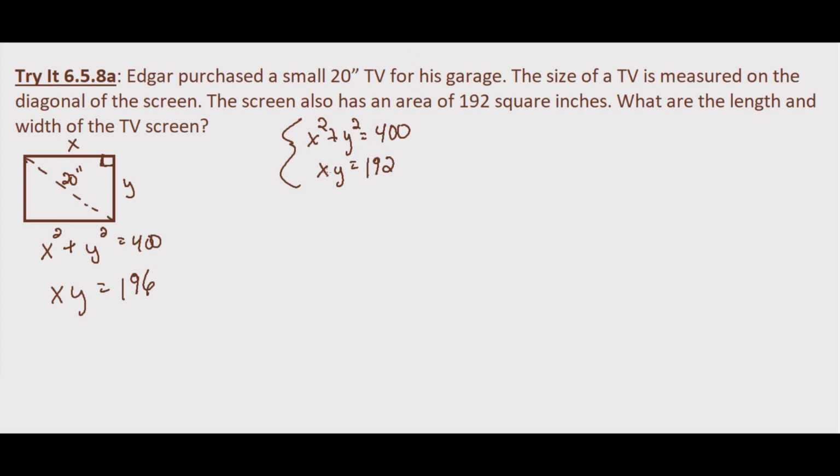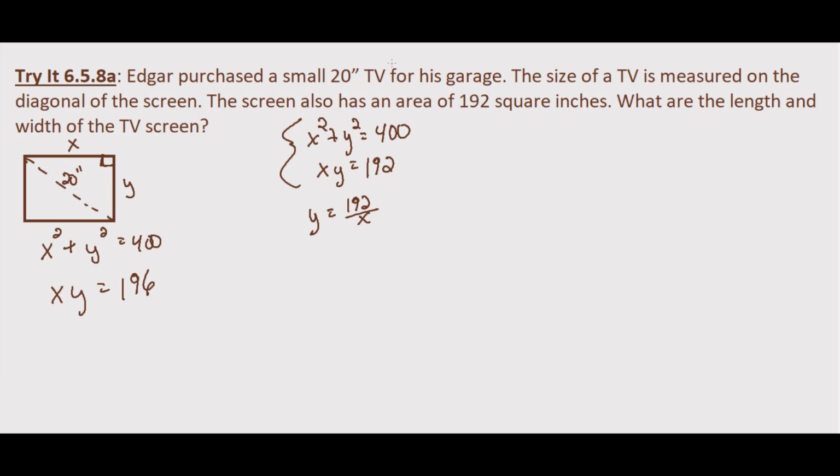So we'll go ahead and use substitution, since x and y are to the first degree in one equation and to the second degree in the other equation. If we solve for y in terms of x with our second equation, we divide both sides by x, we get y equals 192 divided by x.